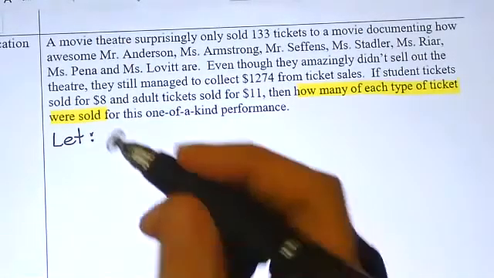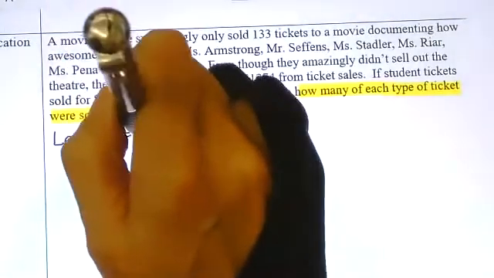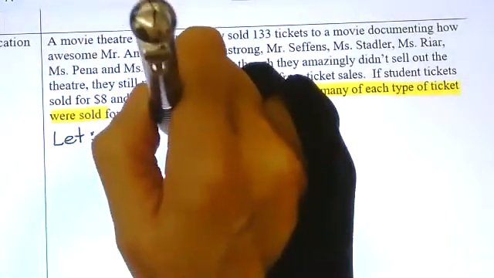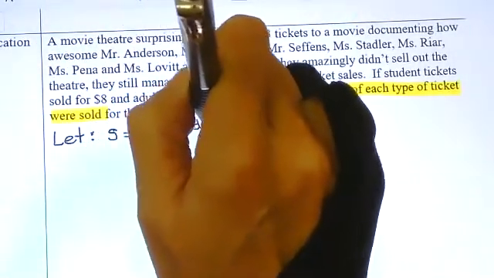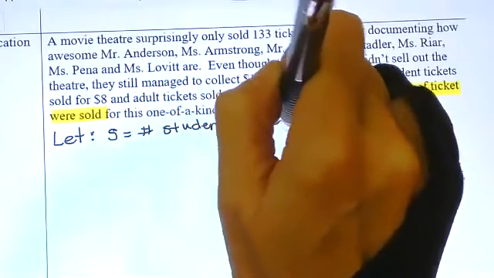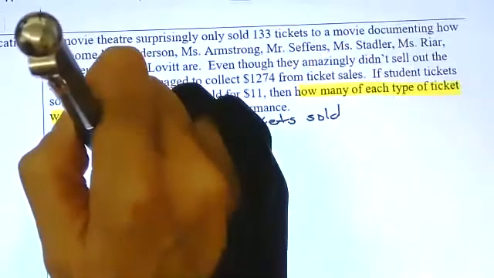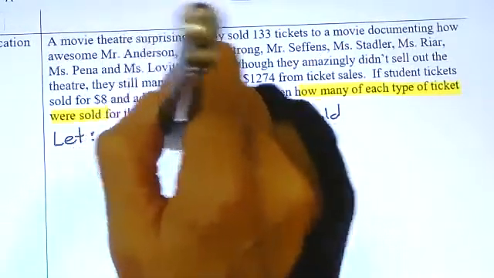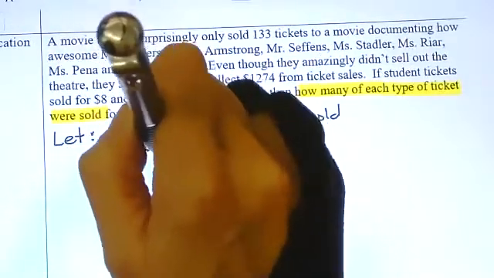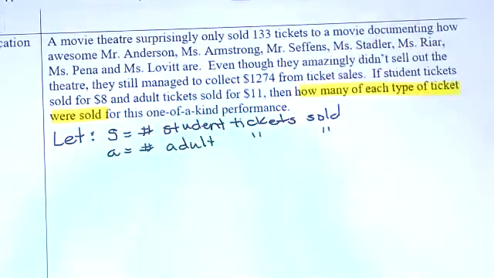So we have student tickets, we have adult tickets, so we could do S equals the number of student tickets sold, and then logically, I would choose A to be the number of adult tickets sold.